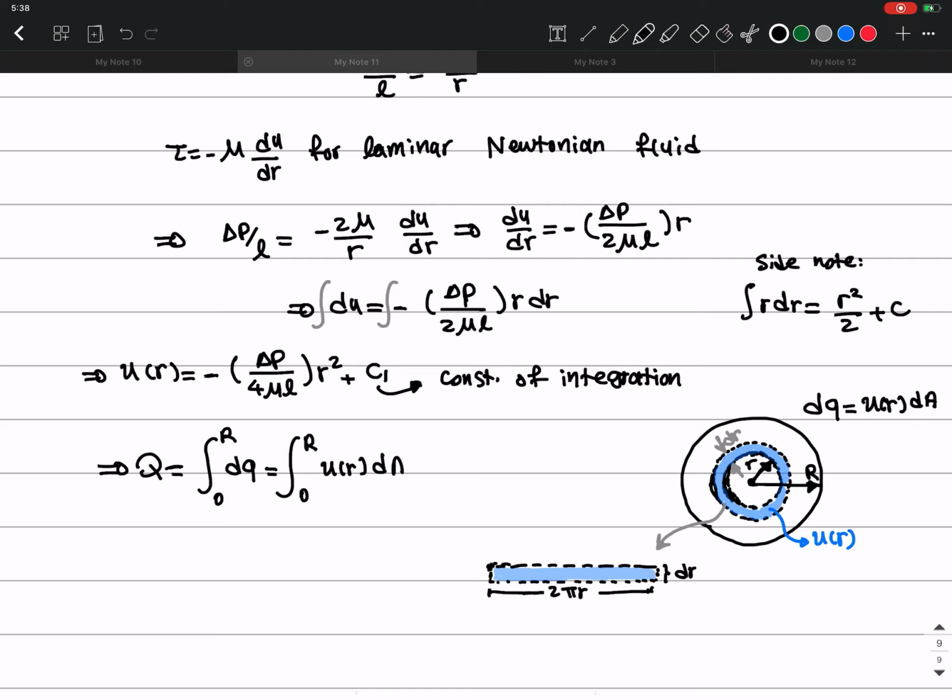So this is the length of that. If you spread it open, the area of this, this dA, is going to be, if this is like a rectangle, 2πr times dr, right? This is like a rectangle.